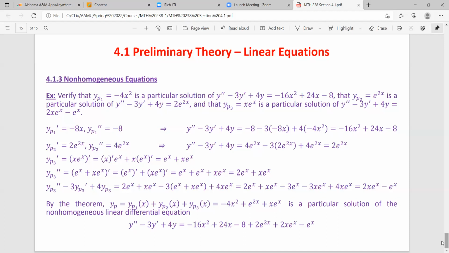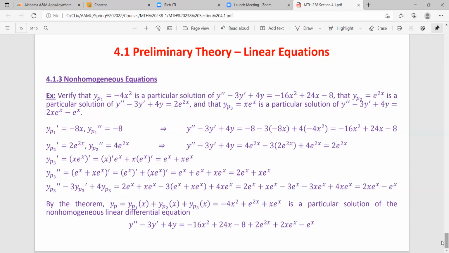All right. And for the third one, YP3 equals x times e to the x. So this time, you have to use the product rule when you take the derivative of YP3. The product rule says if you have a function which is a product of two other functions, then you have to use the product rule. And this is the exact case here.